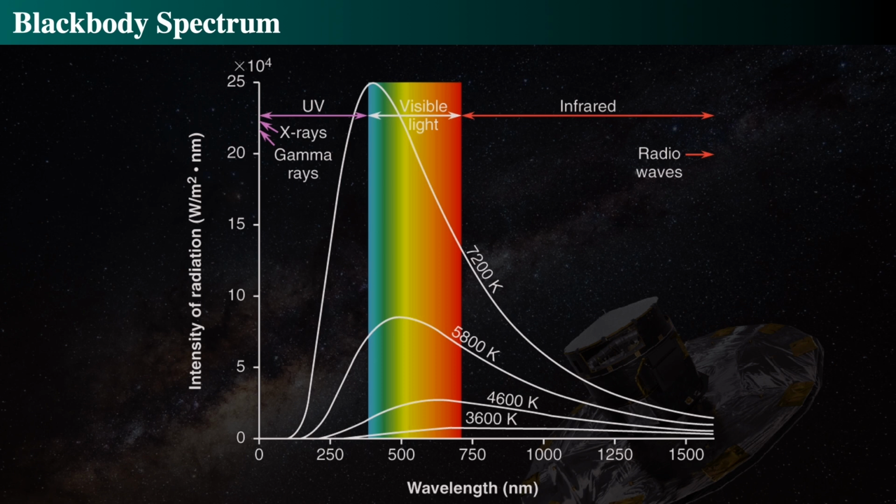If we zoomed in, we see that the 3600 looks like the 7200, except that it's shorter and farther to the red. And also the curve grows exponentially as you go. All stars are approximated well by a blackbody spectrum, meaning how their light is distributed across wavelengths.